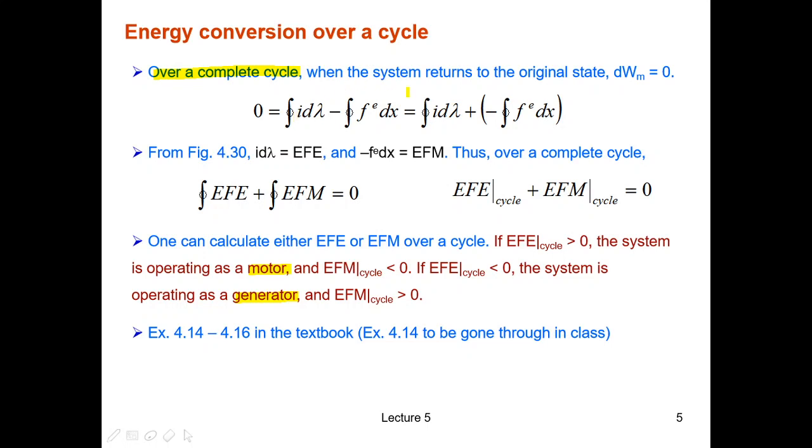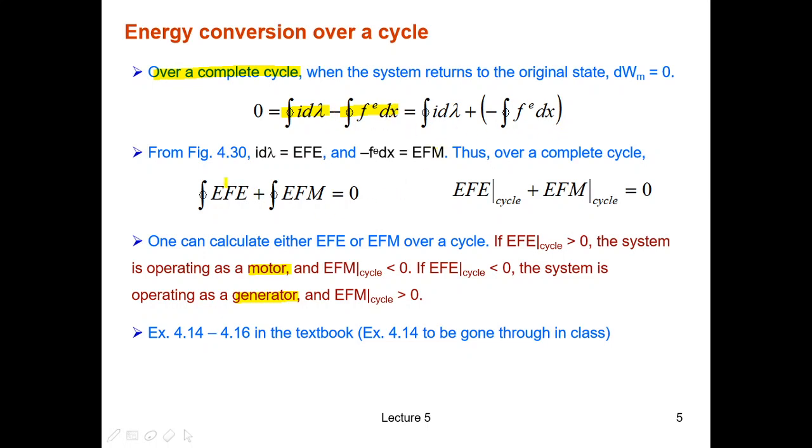So we know that on the left hand side, the change of the stored energy will be 0. That's the meaning when we go over a complete cycle, we return to the original state. But on the right hand side, we will have the integral over a complete cycle of i dλ, and the second component is the complete integration over the cycle of minus Fe dx.